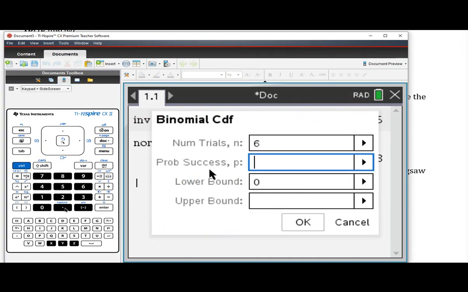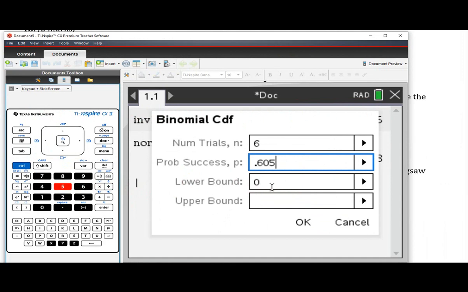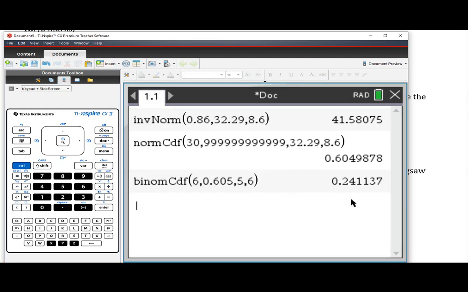Probability of success was 0.605, the probability that it takes more than 30 minutes to complete the puzzle. And then our lower bound is 5, or more, and the greatest is going to be 6 because there are only 6 people. Then we get our answer, 0.241.